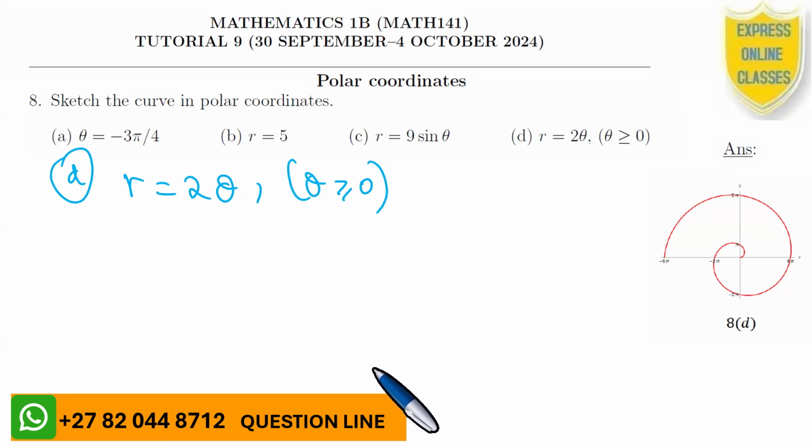To sketch these, you need to think extra carefully.